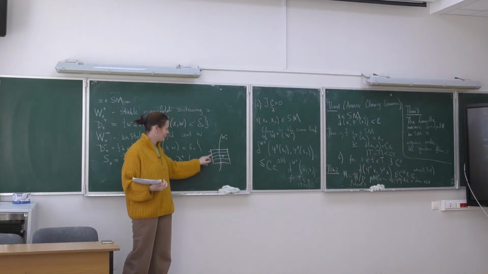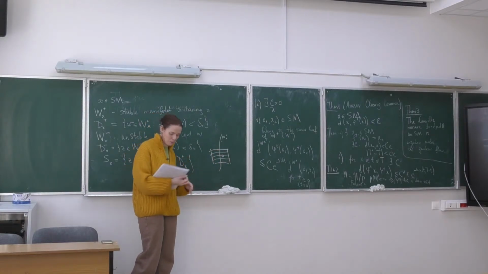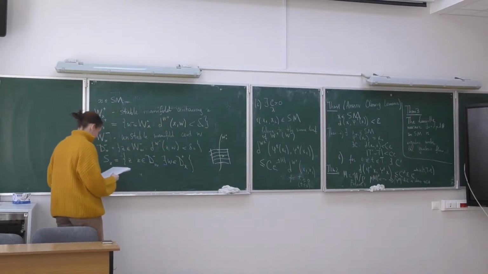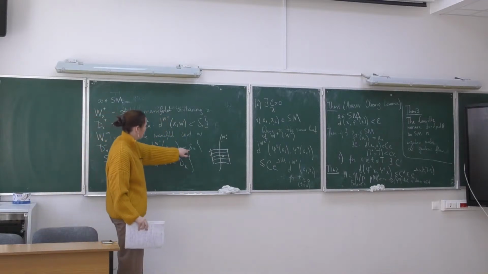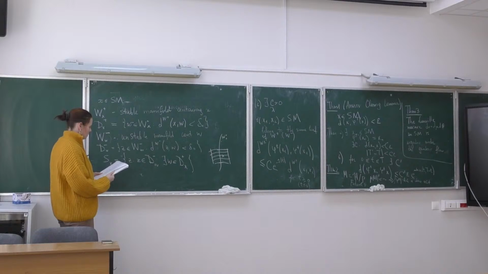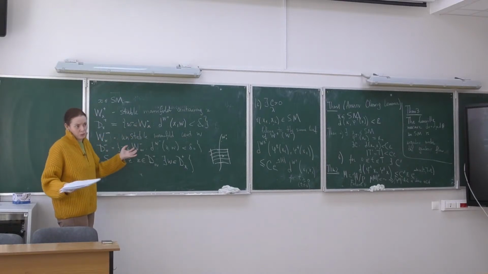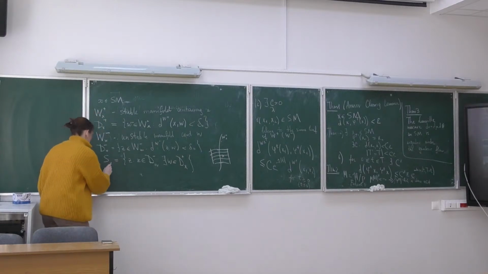So this is a neighborhood of x in the sense of the stable and unstable manifolds. And if we take this delta 0 small enough, then we can say that it will be transversal to the orbit of our flow. If we consider small neighborhoods, we can provide it. So delta 0 is small enough.